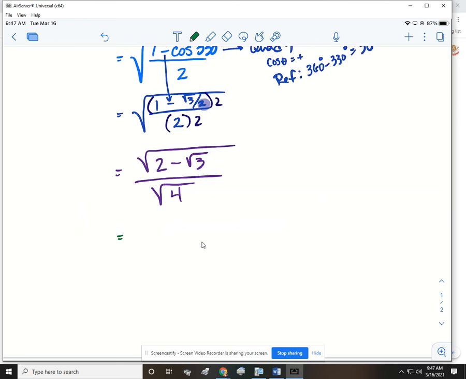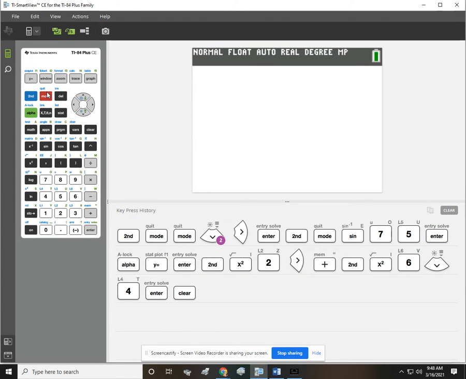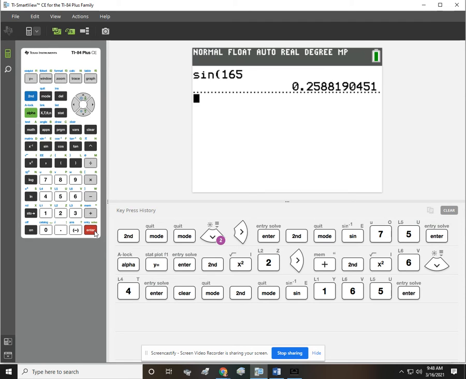All right, so this is going to be kind of a strange answer. But we'll go ahead and take the square root of 4. So that is the exact value of the sine of 165 degrees. Now, if you wanted to double check on a calculator, make sure you're in degree mode. And we would find the sine of 165. It's going to be some horrible decimal.